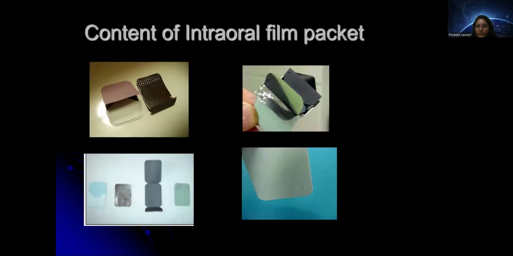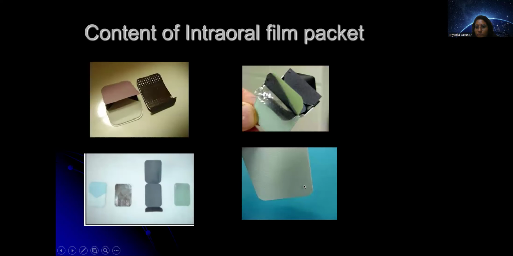Coming to the components of the intraoral film packet. These are the components of the X-ray film packet. This is the plastic wrapper, which has two sides, the white side and the back portion of the X-ray film. The white or the bevel portion should be facing towards the X-ray tube head, and it has the raised dot.